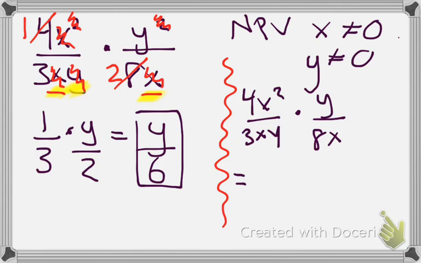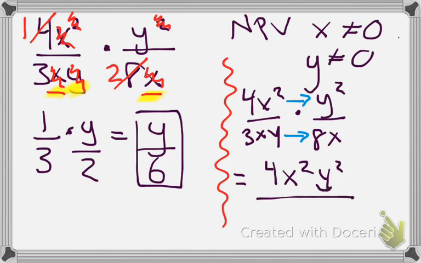If I just multiply straight across the top and straight across the denominator, numerators, denominators, then 4x squared multiplied by y squared gives me 4x squared y squared. Straight across the bottom, I have 3 times 8 gives me 24, and then x times x gives me x squared, and y.